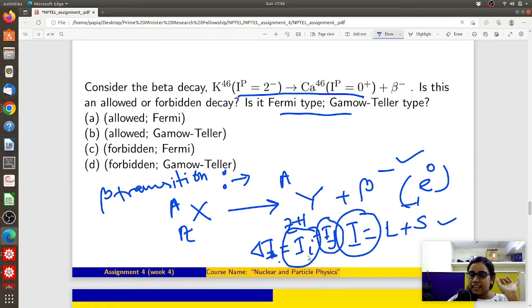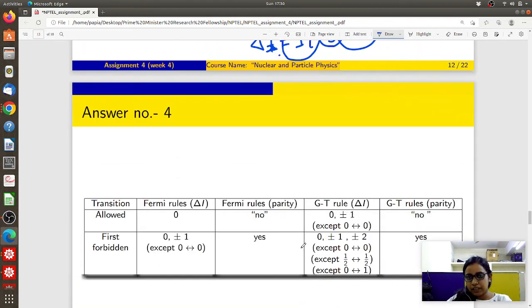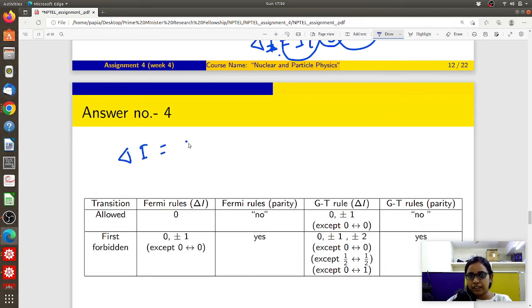Delta I is nothing but delta L plus delta S, because as I equals L plus S, then obviously delta I equals delta L plus delta S.